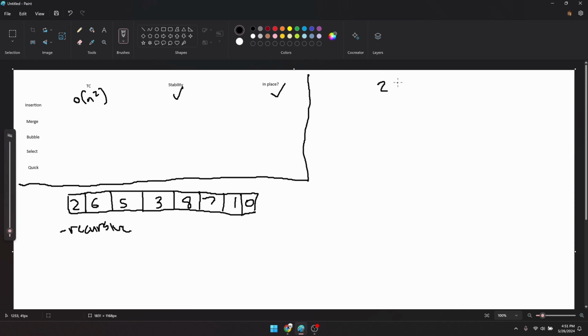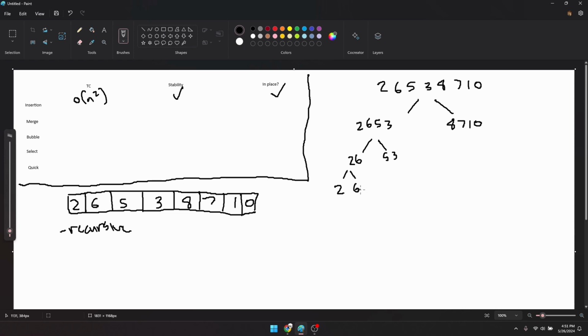So the input array might look like this, and then on the first iteration, you're going to break these two arrays in half. On the second iteration, you're going to break this array in half even further. And then on the third iteration, you'll have these two elements.